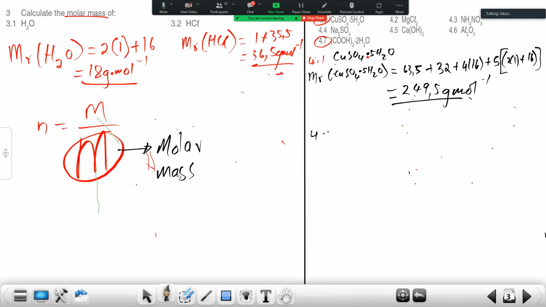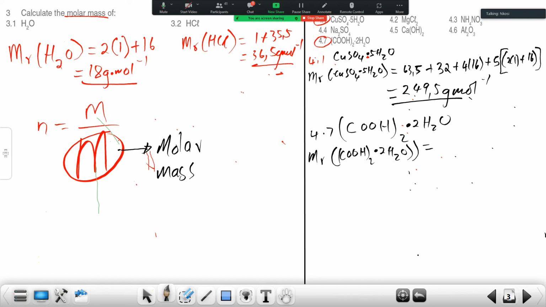Let's go for 4.7. It was now for Cu(COOH)2, and then it also had 2H2O. So basically we do the same approach, (COOH)2 and then 2H2O.